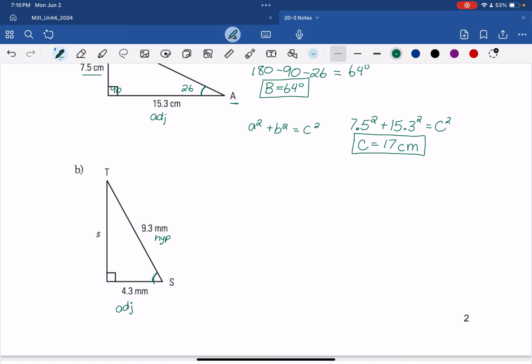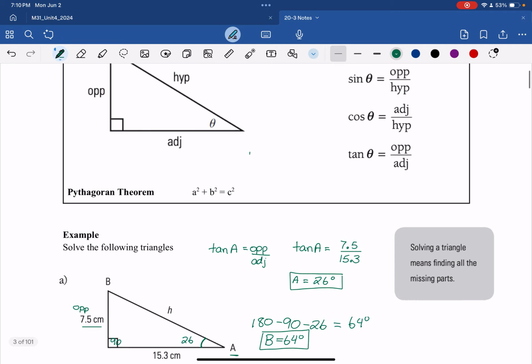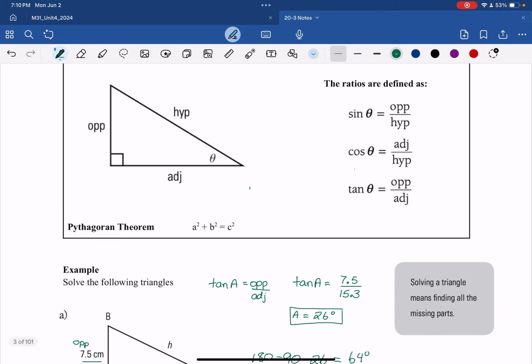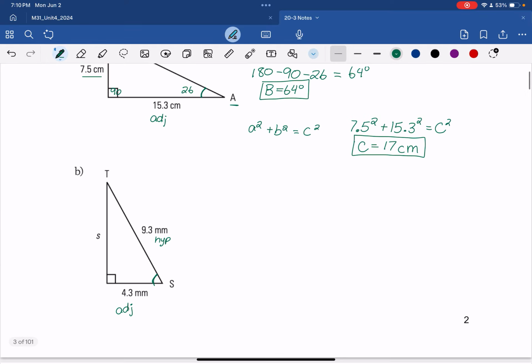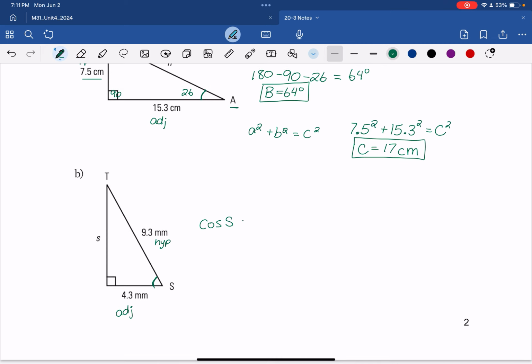Okay, so if I'm looking at hypotenuse and adjacent, we can refer back up here, and I'm going to want to use cosine. So I can take cosine of S, which is adjacent over hypotenuse. So cos of S is equal to 4.3 over 9.3.